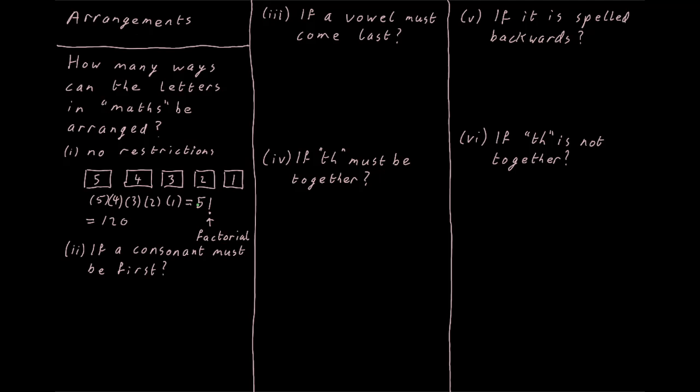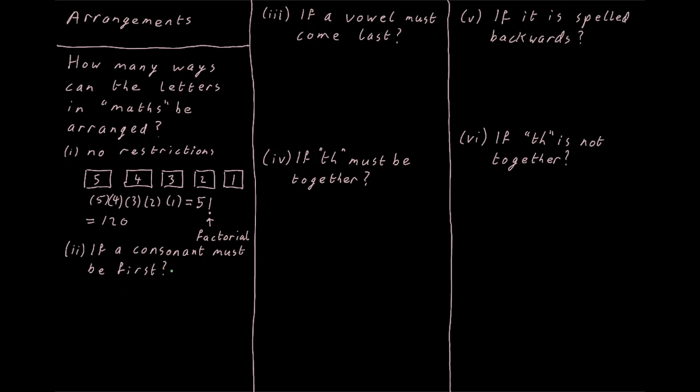So if you put 5 factorial in our calculator, or we do 5 by 4 by 3 by 2 by 1, we'll in either case get 120. So that's the total possible number of ways that we can put those 5 pieces of paper down.